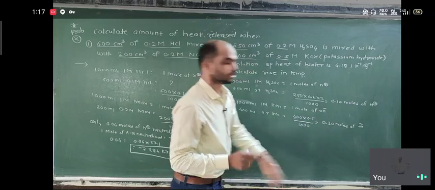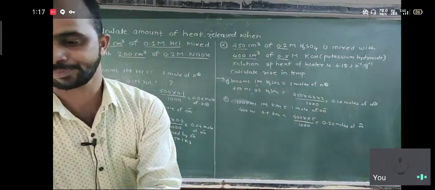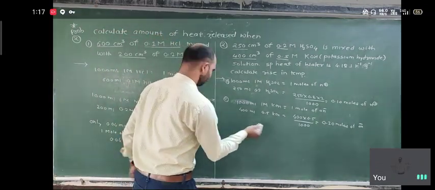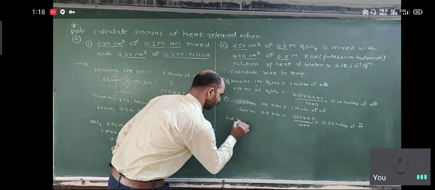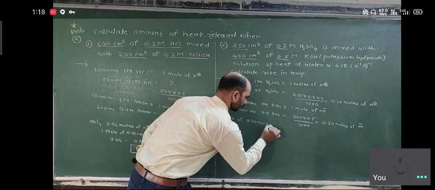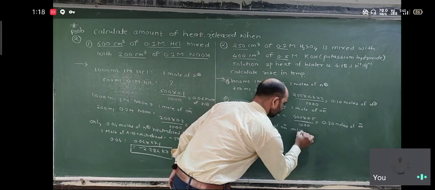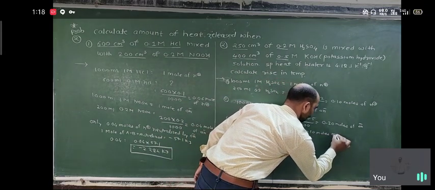That means 0.10 moles are unreacted. So how do we calculate the heat evolved? You can write the same way: out of 0.20 moles of OH minus, only 0.10 mole is neutralized.